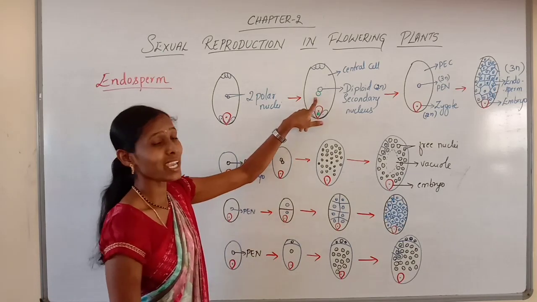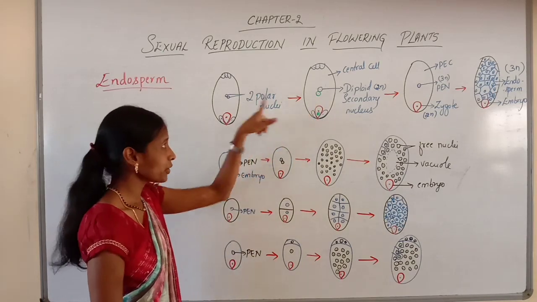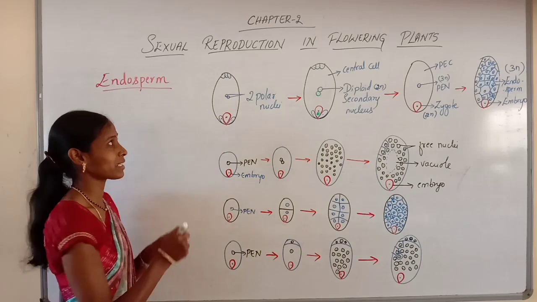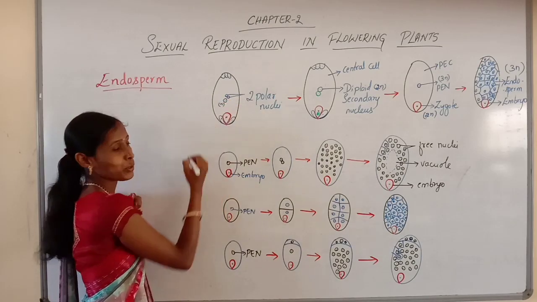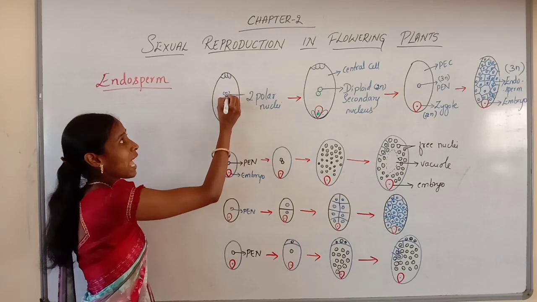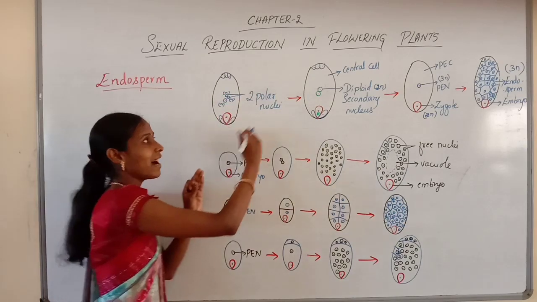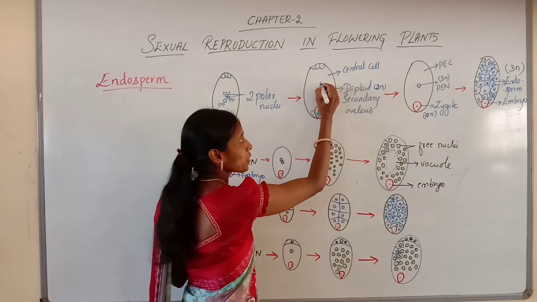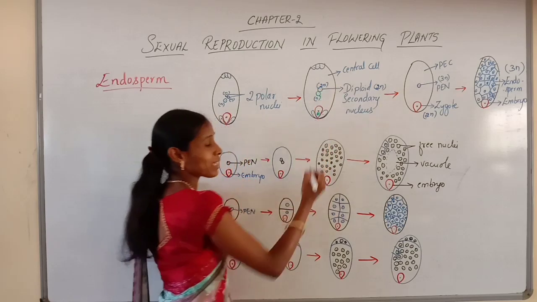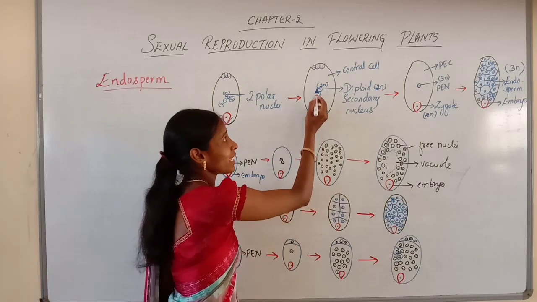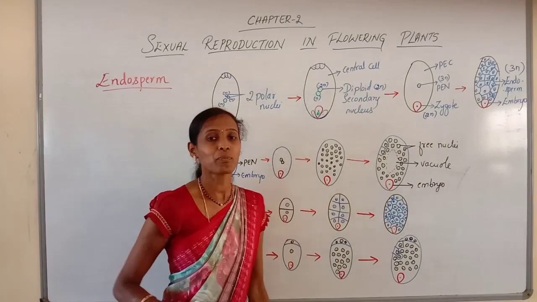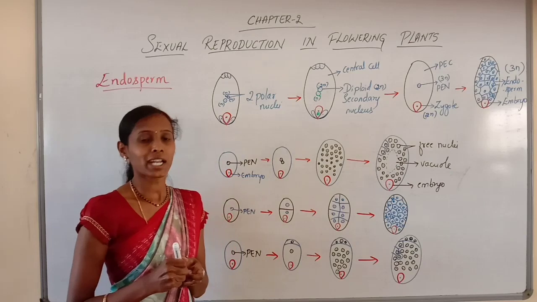Because here three nuclei will be fusing. One of the male gametes, which is a haploid nucleus, fuses with two haploid polar nuclei, or here a diploid nucleus. With that, one haploid male gamete will be fusing. As three nuclei will be fusing, this process is called triple fusion.